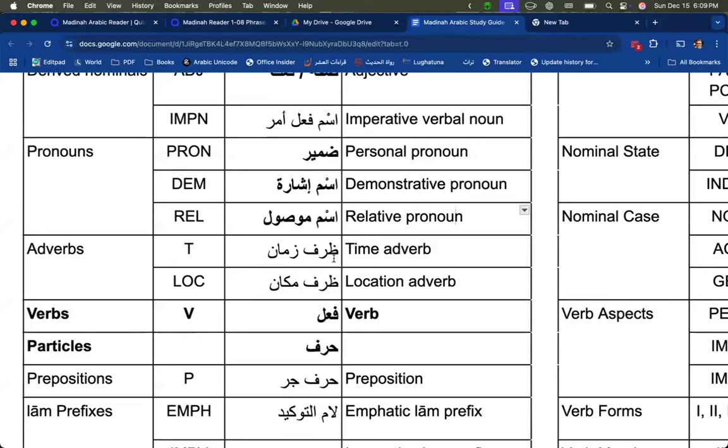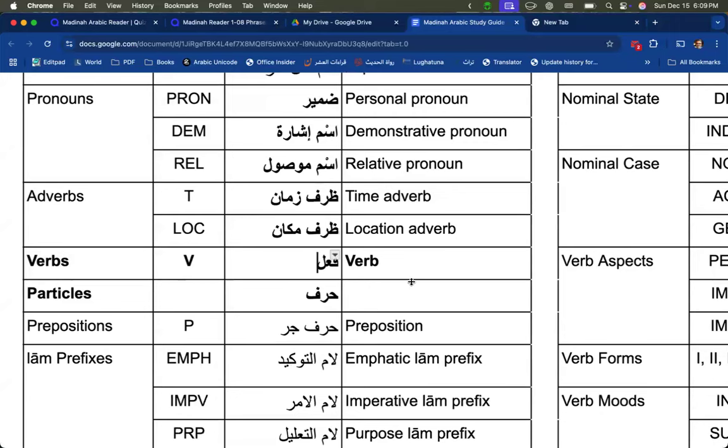Those are called ظرف. So تحت, فوق, أمام, خلف, right? Those are ظرف مكان, of place. And then there's ظرف زمان. Zaman, for example, يوم, the day of, right? We haven't done too many of zaman, so I'm gonna skip that, but ظرف مكان and ظرف زمان.